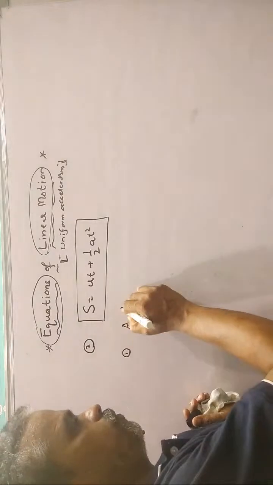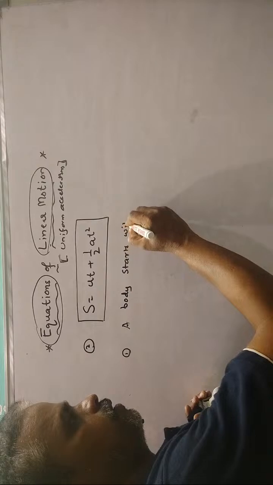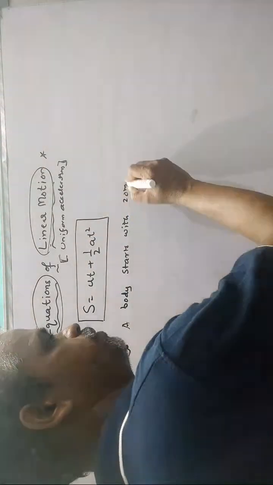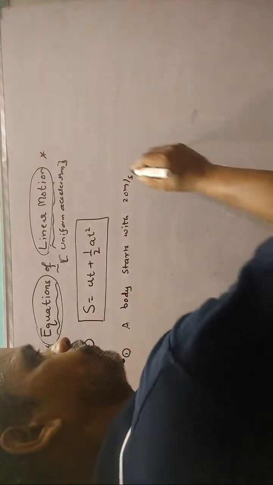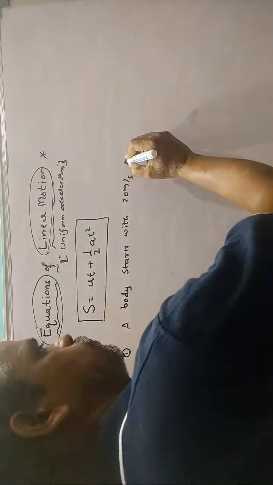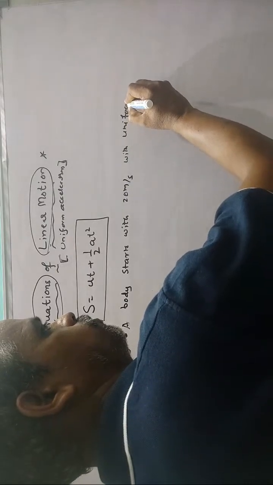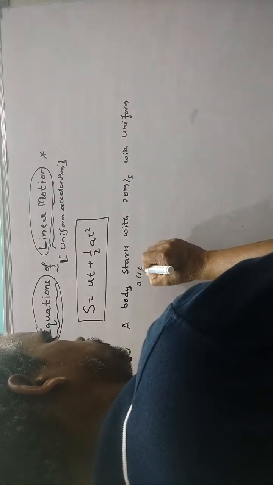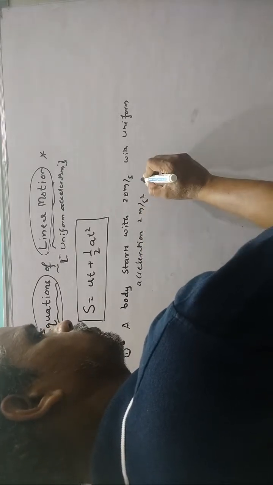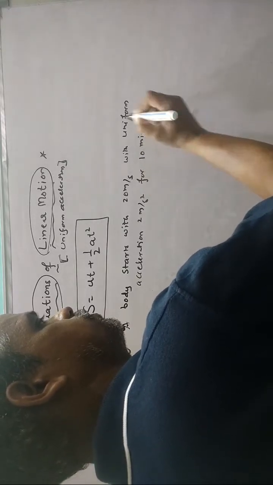A body starts with 20 meters per second with uniform acceleration 2 meters per second square for 10 minutes.